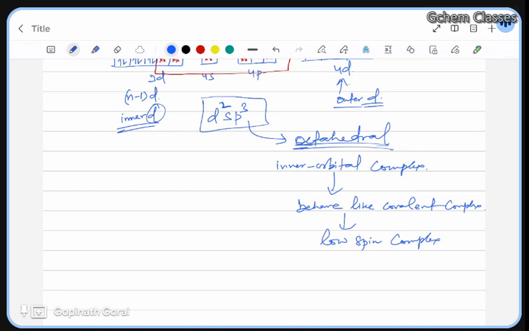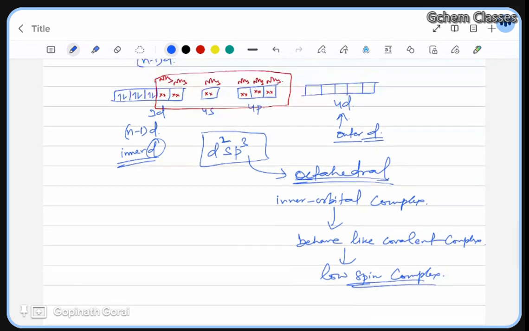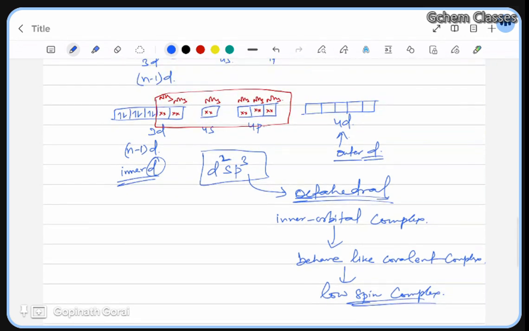What does low spin complex mean? Low spin complex means you have a strong field ligand, which helps in pairing up the electrons. If the ligands do not have that much power to pair up the electrons in the d orbital, then it will be a high spin complex.